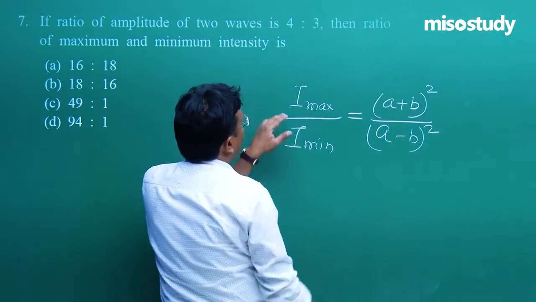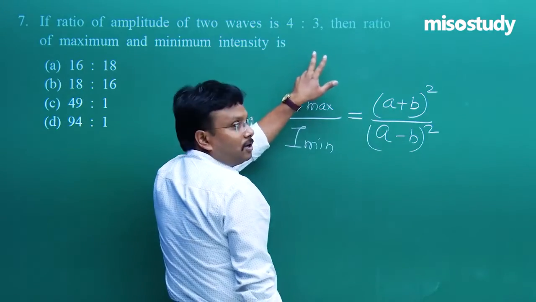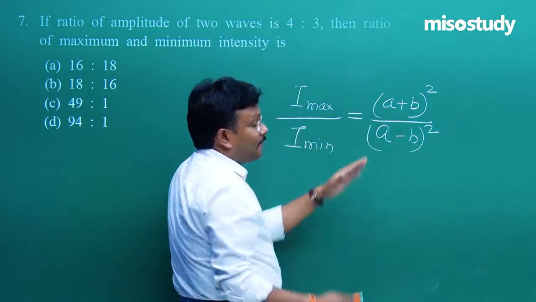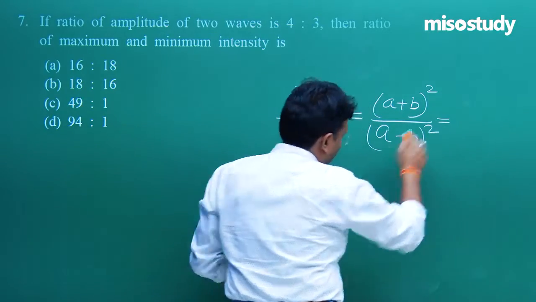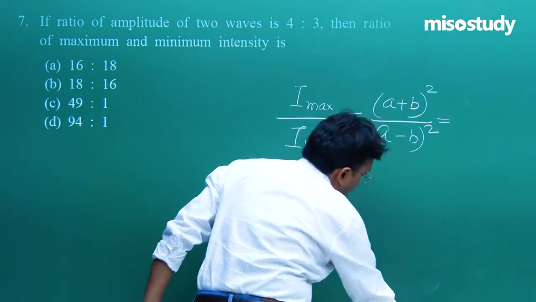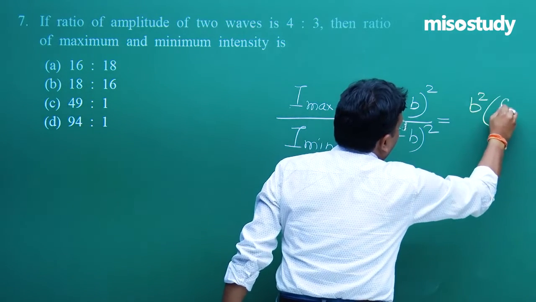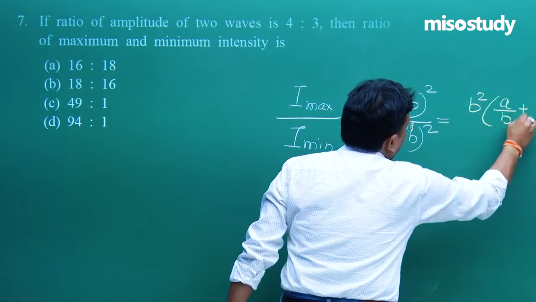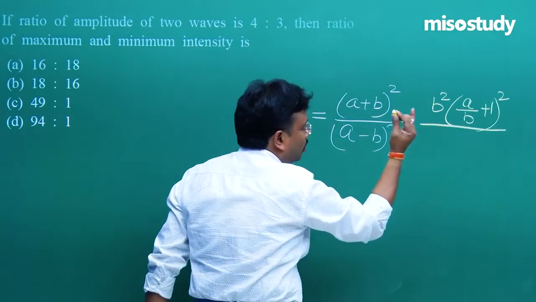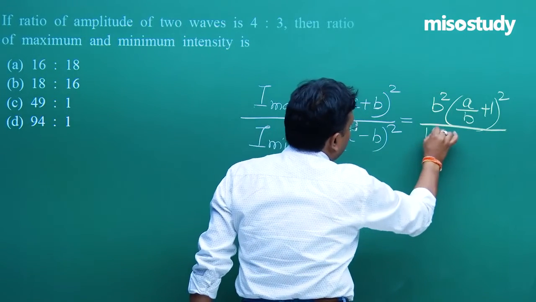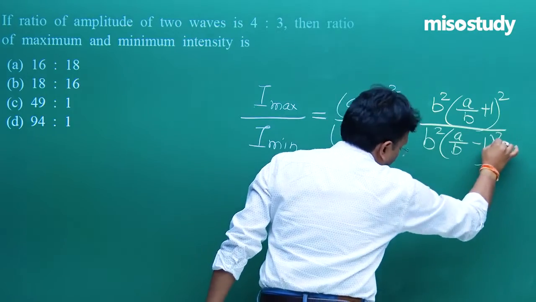Now what is the value of A? A value is 4. What is the value of B? That is 3. So you can solve by putting the values, or the best approach is to write it this way. What is that way? B square, A by B plus 1 whole square, upon B square, A by B minus 1 whole square.